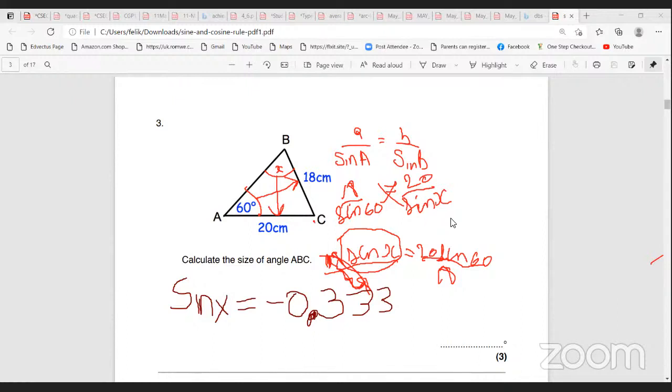So put the entire numerator in a bracket. So I got 0.96.